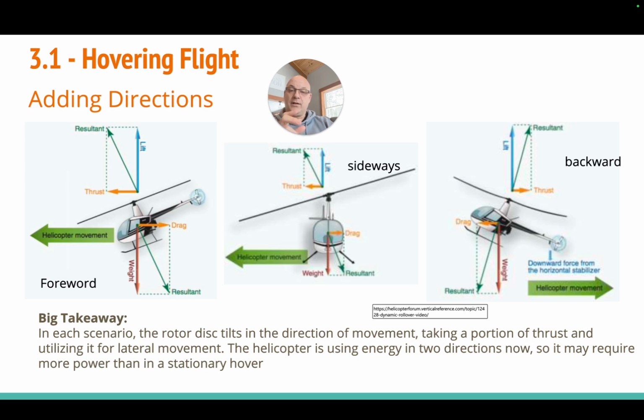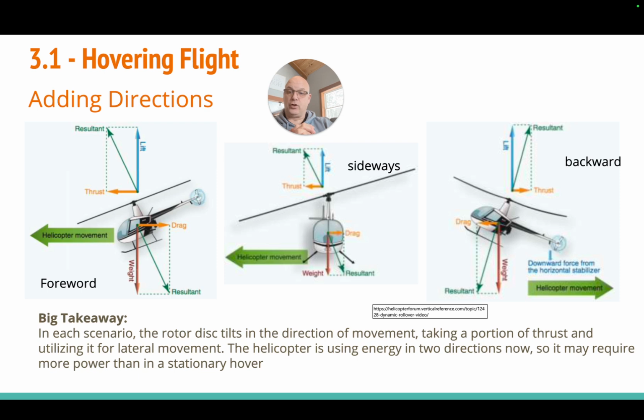All right, next thing we do, of course, after we have gone from in-ground effect to out-of-ground effect, we want to start adding forward or sideways or backwards motion to that. And we have to think about this: anytime we change direction, and that's the beautiful thing about flying helicopters, you can change direction from a hover, left, right, forward, backwards, with minimal input of the cyclic alone, right?